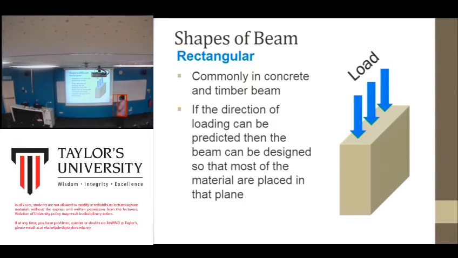Which means that usually engineers will look at the loading, especially this wall line. Usually they will place a beam below it to make sure that the beam can easily distribute the load of this wall. Okay.